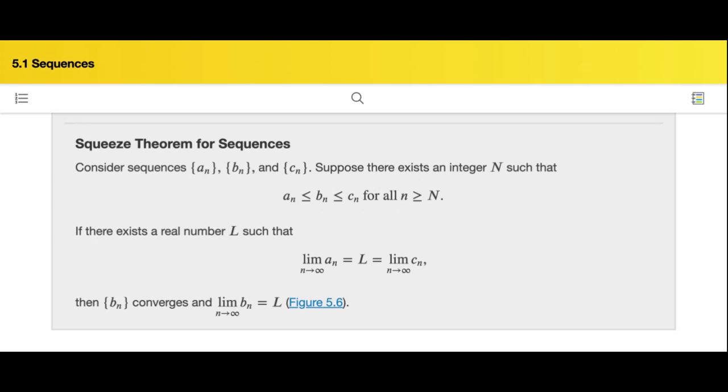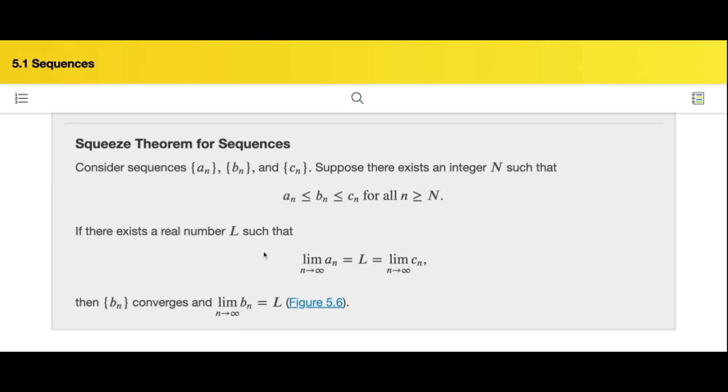It may not be every term in this order. This means we can ignore finitely many terms. We can truncate each sequence as long as the following terms are in this order. We can forget about the finitely many terms that are not in this order.